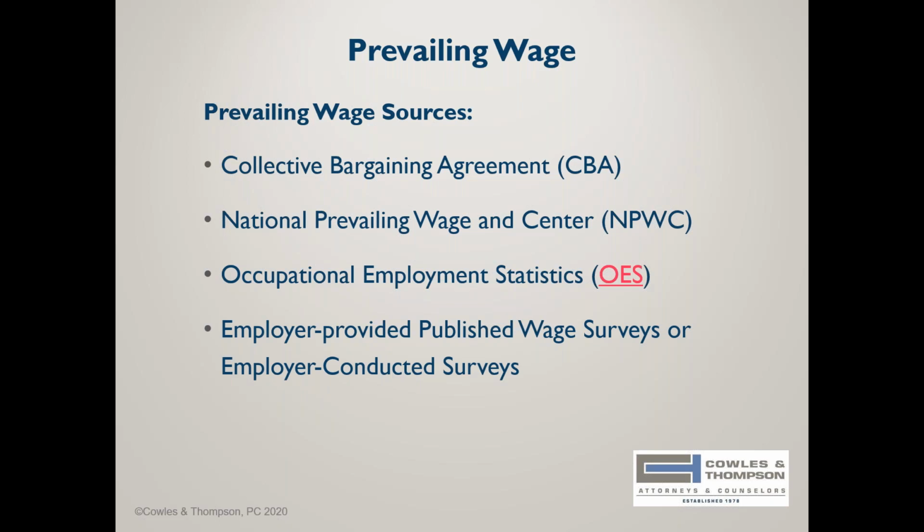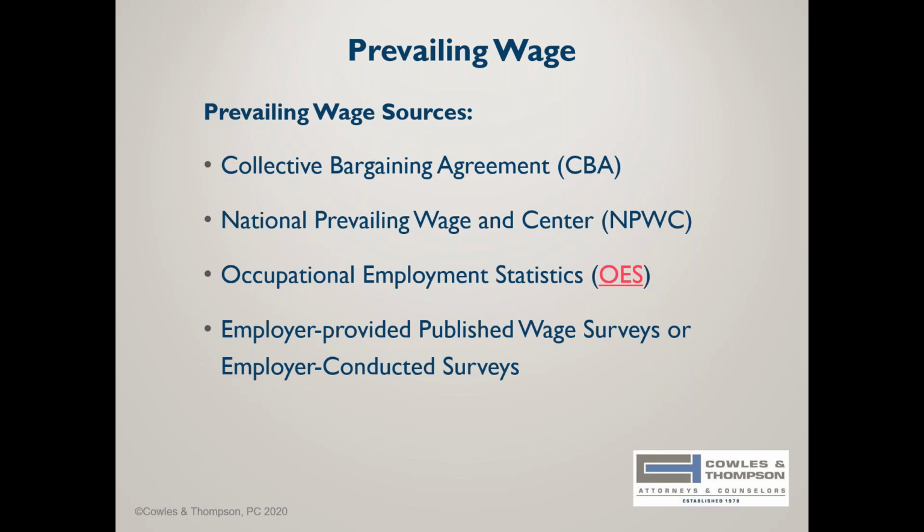And they abide by it, because if it is a collective bargaining agreement, they respect whatever wages, even if they are lower than what the Department of Labor could have determined. So that is a safe harbor. Right. And then the National Prevailing Wage Center, that's where we get ours. Determination. Yes, we do the determination.